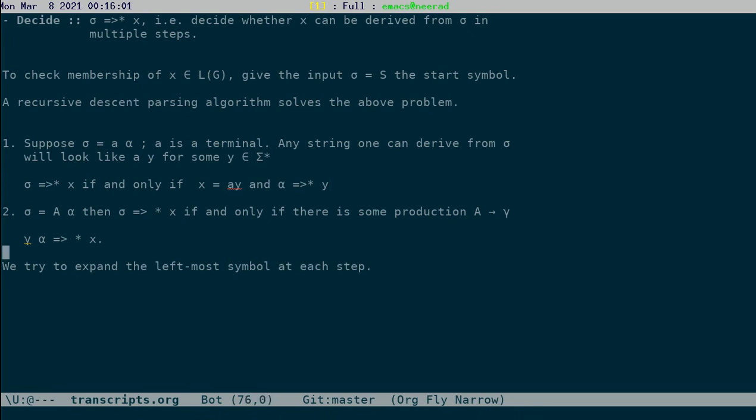Okay. So the recursive descent parsing algorithm just recurses over here, just tries over all the productions of A. Okay, that's what it does. Okay. And backtracks and finds.